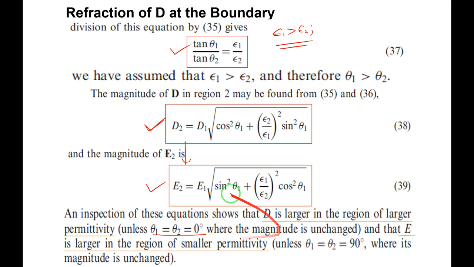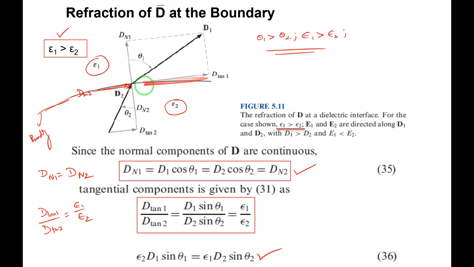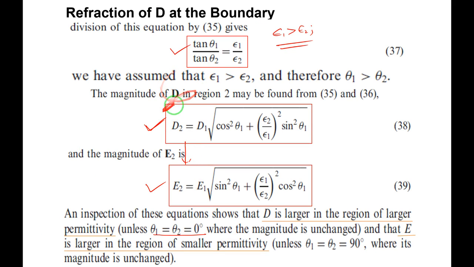Exactly opposite. For this equation, E2 is equal to E1 whenever theta 1 equals theta 2 equals 90 degrees, that is, whenever we have tangential components. I hope you will remember these equations.